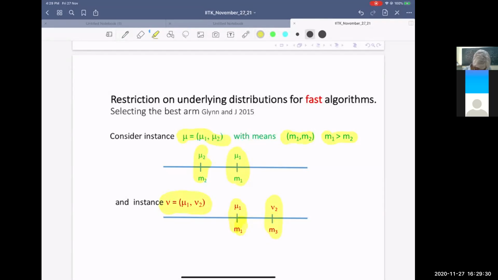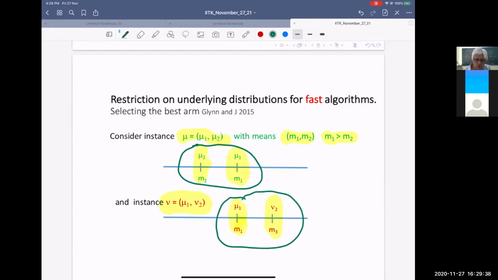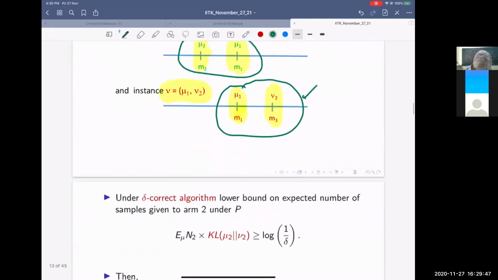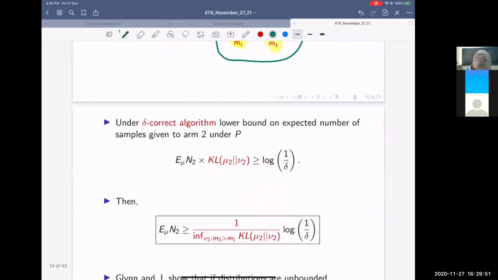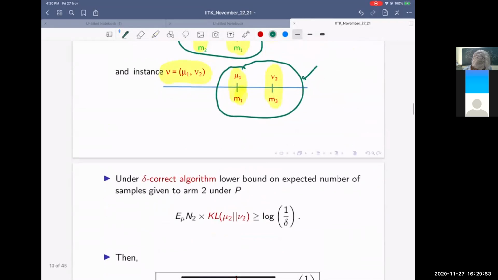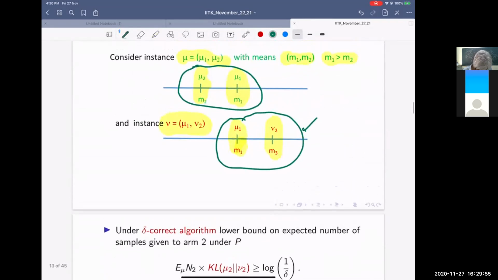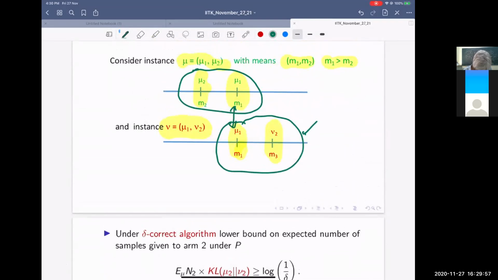So when I see the data, it looks like it's coming from these two distributions, but I'm worried that it might actually be coming from those two distributions. I want to see enough data so I'm comfortable that it's not coming from those. So let's go back and see what that means. If you go back to this inequality, which I showed you from Garivier and Kaufmann, because the first arm is the same in both setups, the Kullback-Leibler between them is 0.